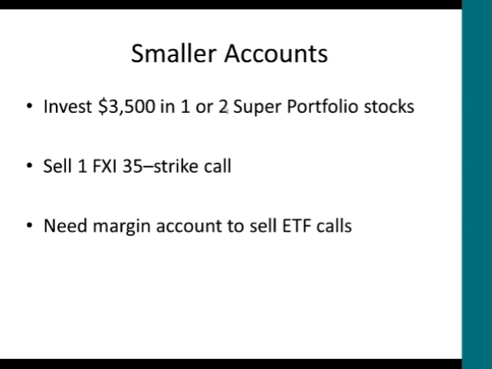So with the smaller accounts, you could sell, say, a 35 strike call and have $3,500 of super portfolio stocks. And you do need a margin account to trade these naked options. So that's one thing to keep in mind.